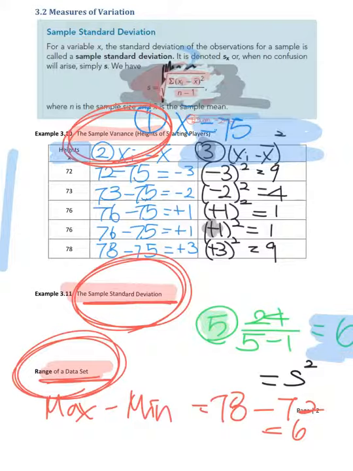But when I take the square root of it again, the square root of 6 was 2 point something, right? The 2.45 standard deviation. What will be the unit for the standard deviation after taking the square root? Inches again. Sometimes we have this kind of notation: something plus and minus something.